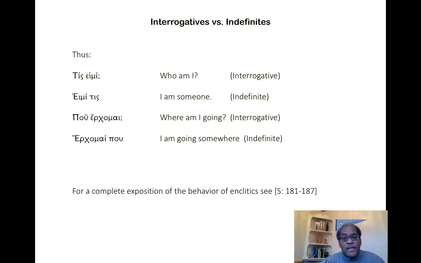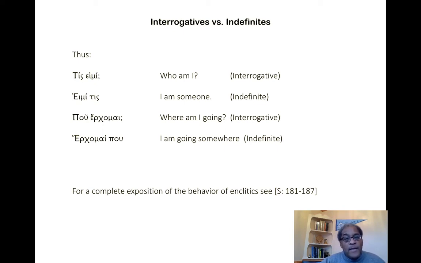So what this boils down to is that you'll have an expression like tis eimi, who am I? But you see that tis, who, is first in its clause.